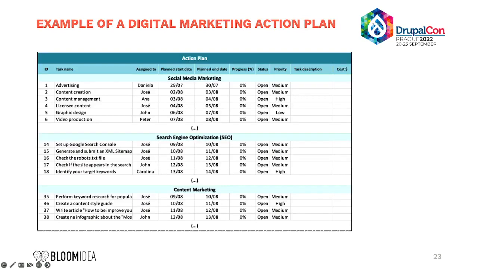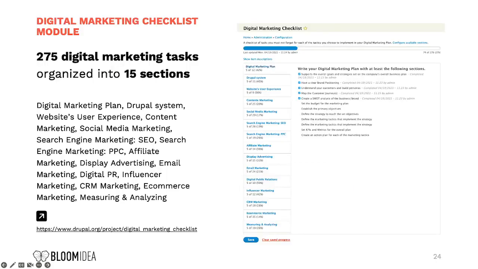This is an example of a digital marketing action plan. It's just tasks that have an owner who needs to accomplish them by some date. Digital marketing is very time consuming because there are many tasks that need to be done.